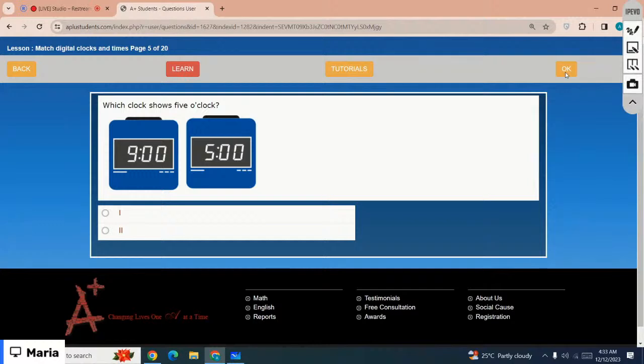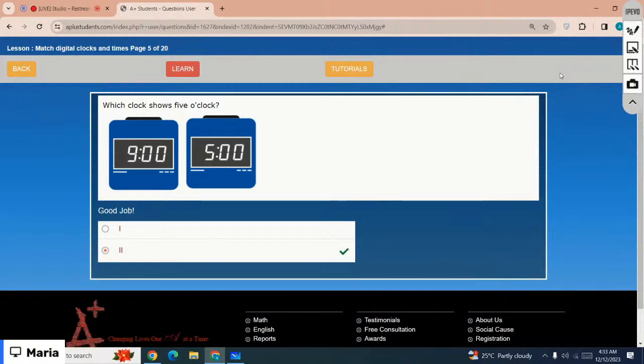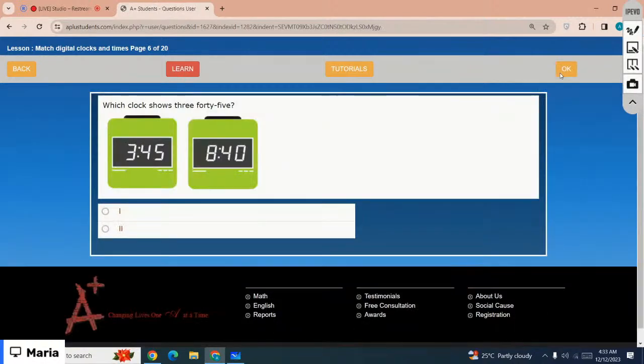Which clock shows 5 o'clock? Which is the correct option? Yes, the second one shows 5 o'clock. Very good. Which clock shows 3:45?